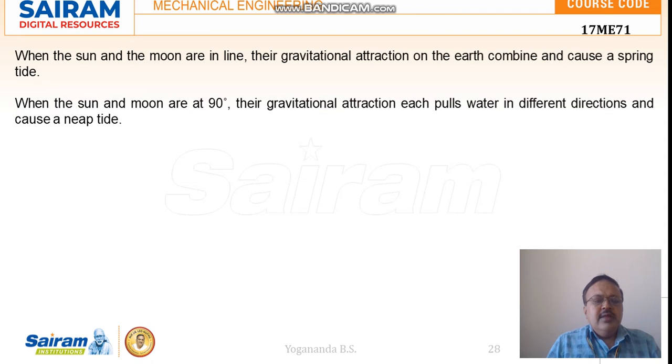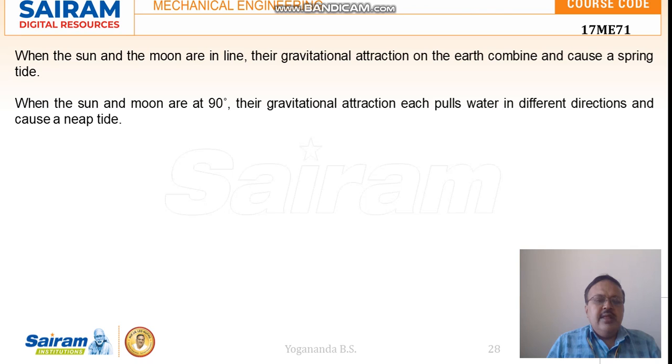When the sun and the moon are in a line, the gravitational attraction on the earth combines and results in a spring tide. When the sun and the moon are exactly at 90 degrees, their gravitational attraction pulls the water in different directions and causes the neap tide.